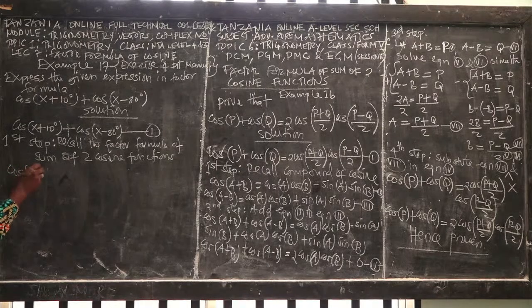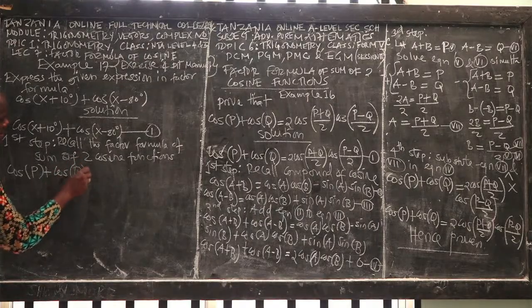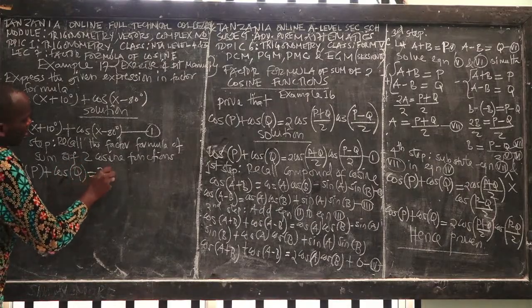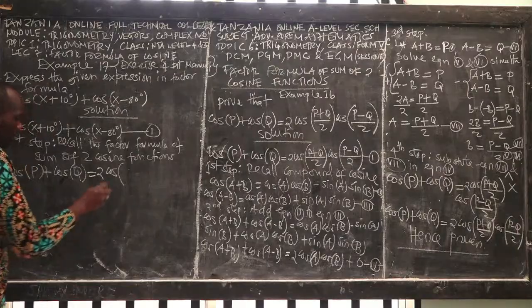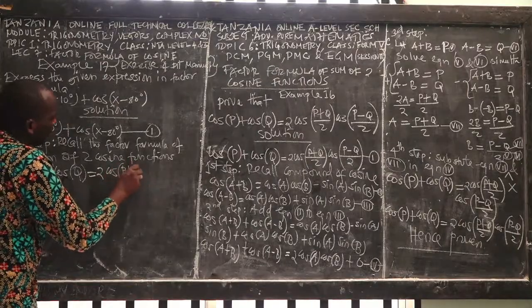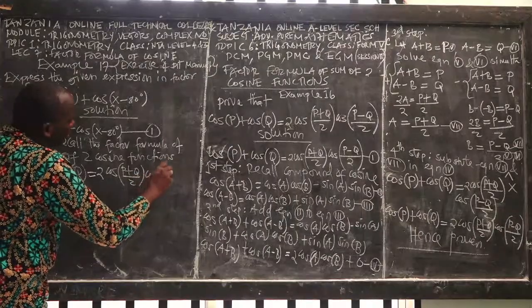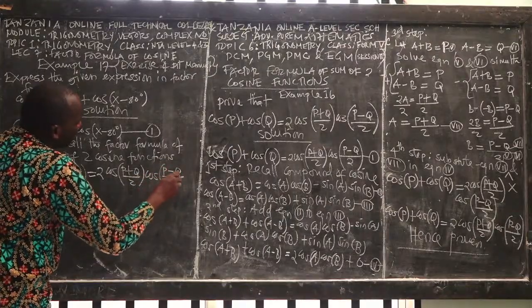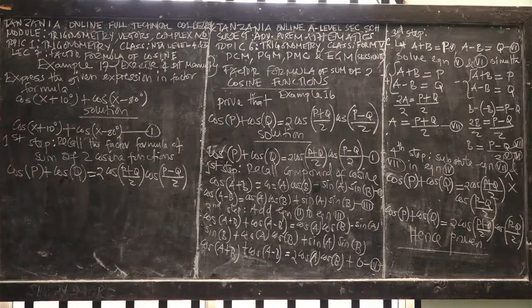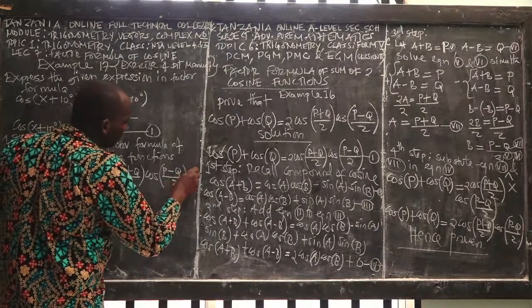Cosine of P plus cosine of Q is equal to 2 cosine of (P plus Q) over 2, cosine of (P minus Q) over 2. Okay? So this is equation 2.